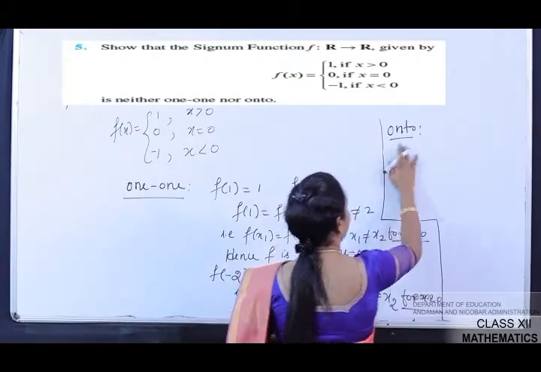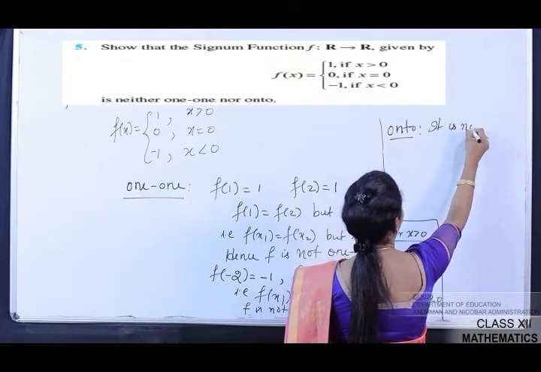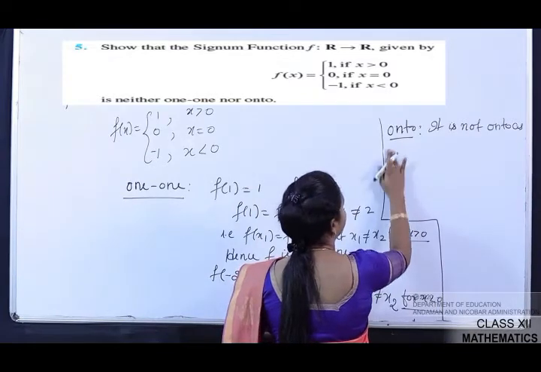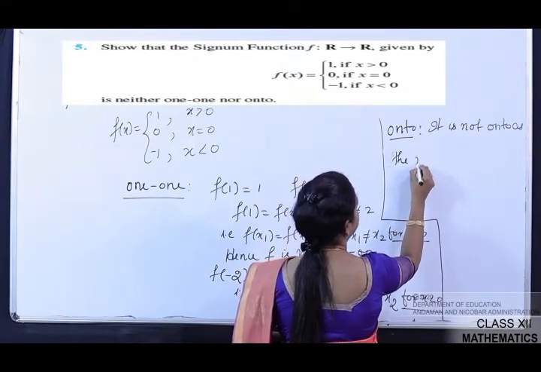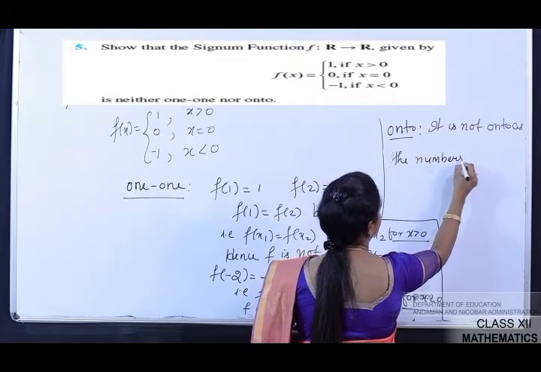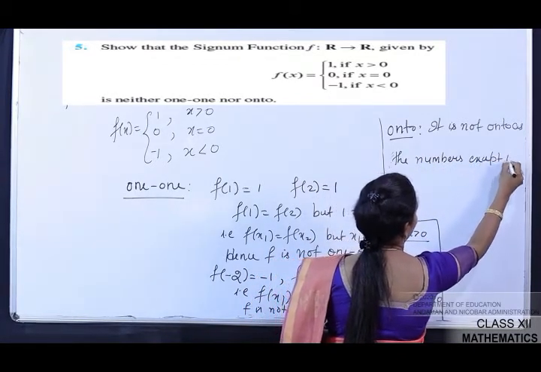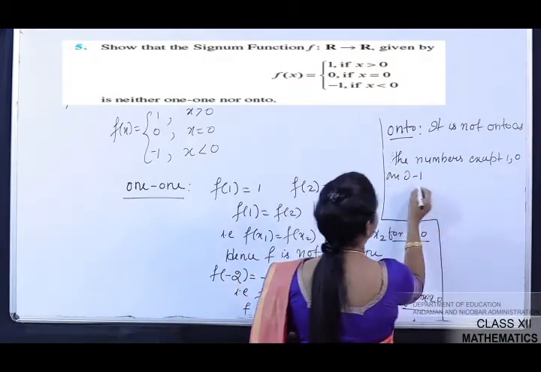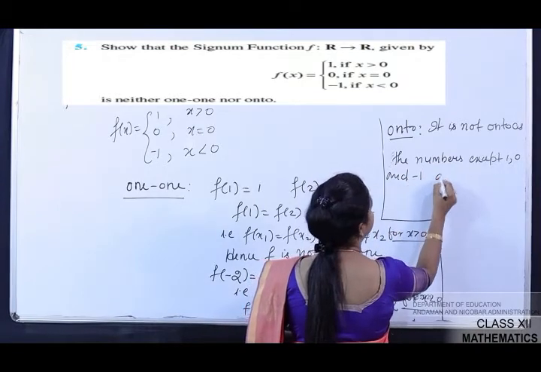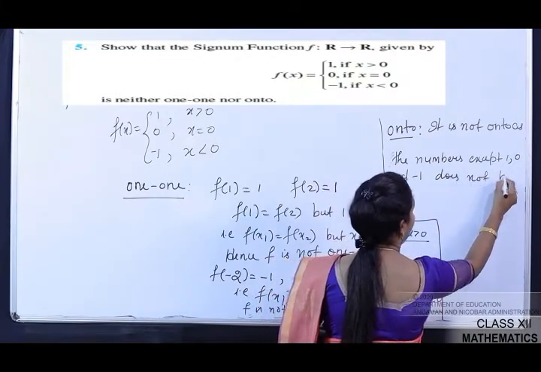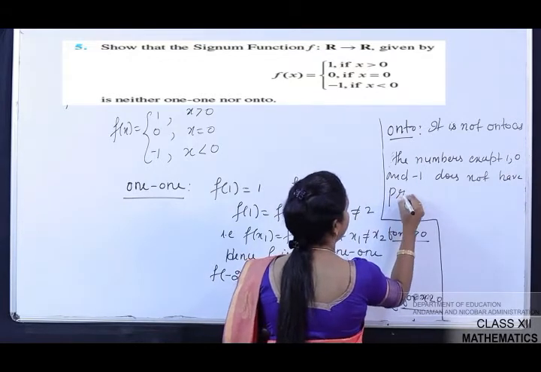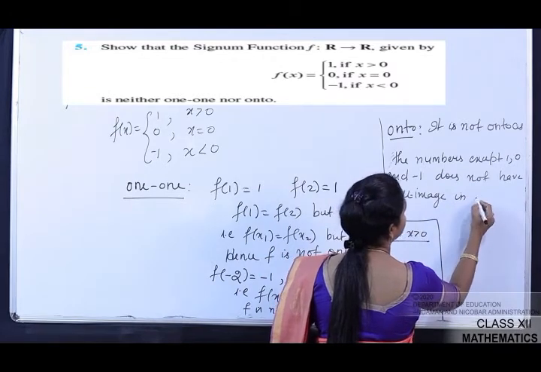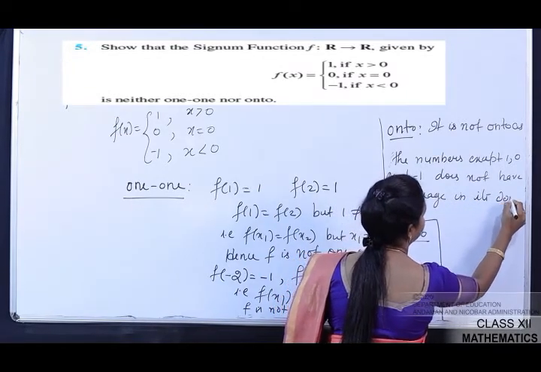Starting में आप यहाँ पे लिख सकते हैं, it is not onto as the numbers except 1, 0 and minus 1 does not have pre-image, okay, pre-image in its domain.